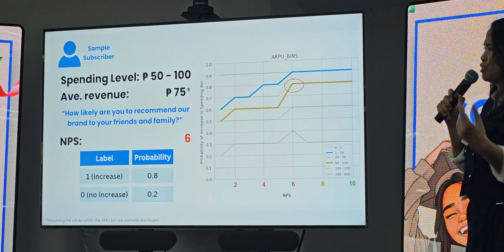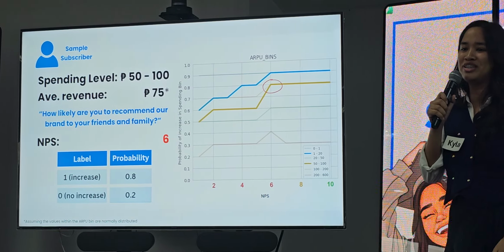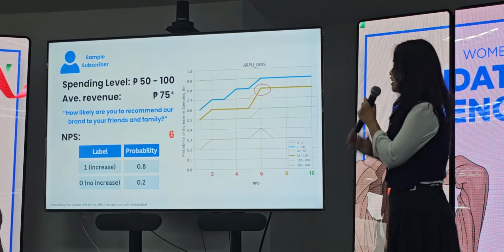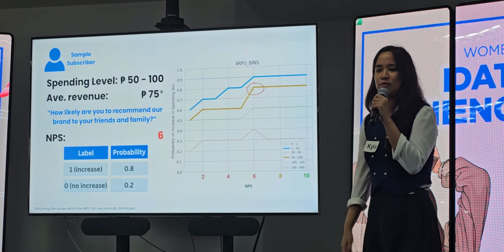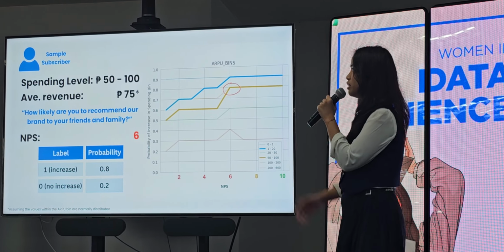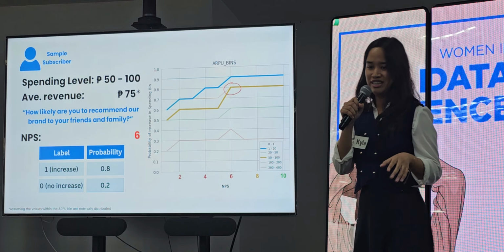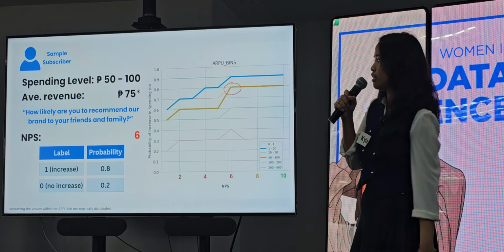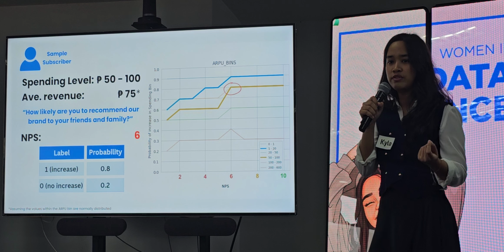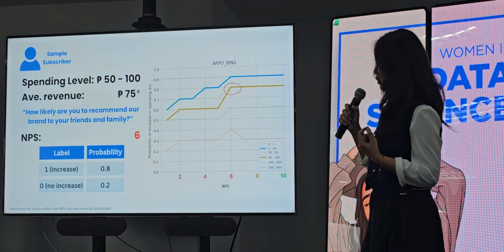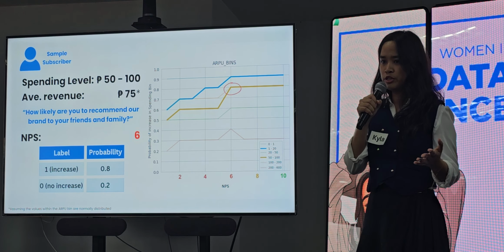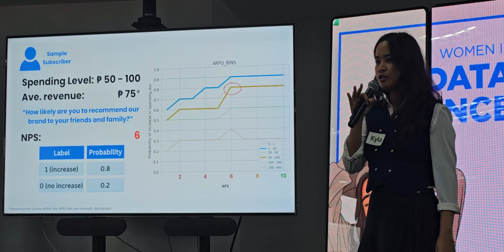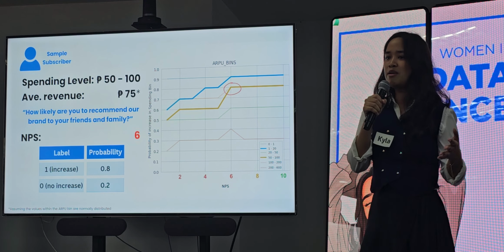We have all these probabilities, but what can we do with them? Here, let's give a sample subscriber with a spending level of 50 to 100. Let's say it's normally distributed, and we can say that his average spending is 75, the average revenue our company can get from him. He contacted customer support and was asked, how likely are you to recommend the brand to your friends and family?